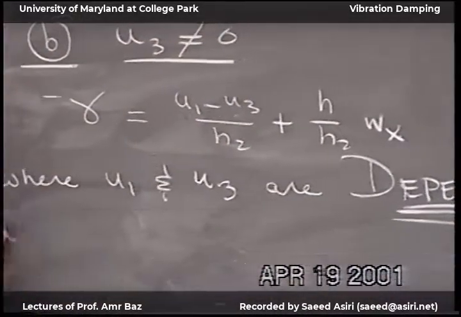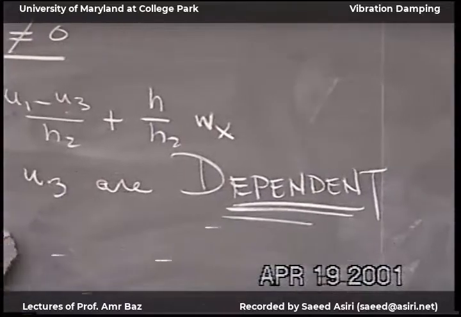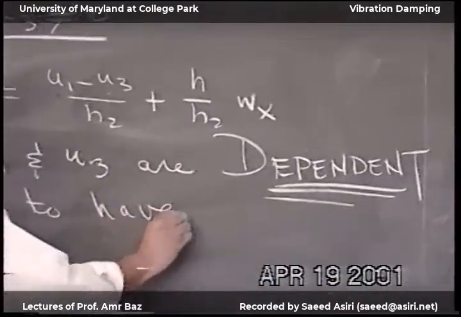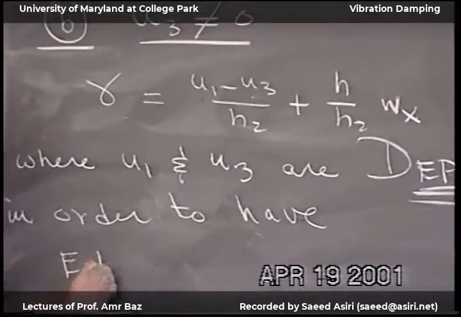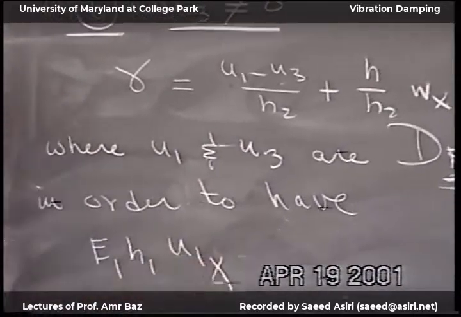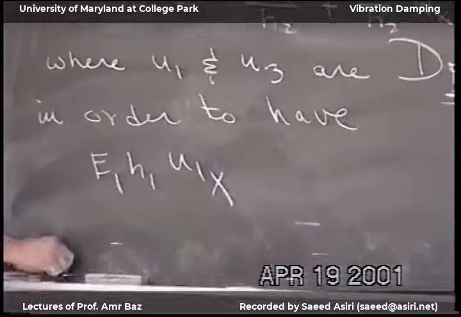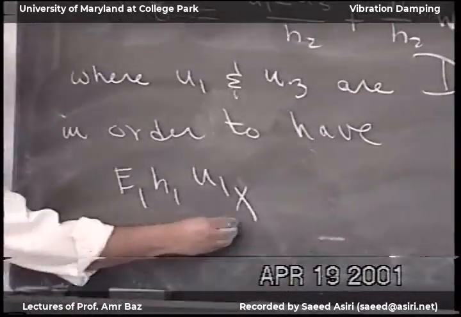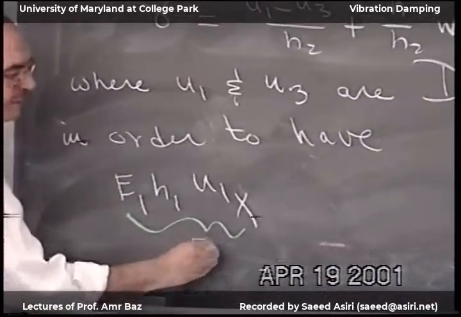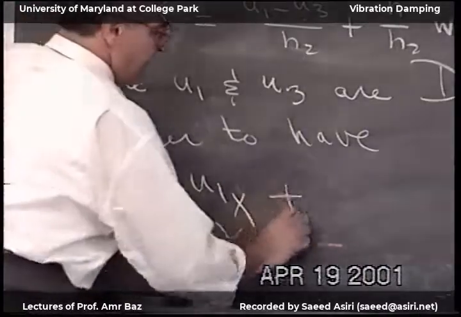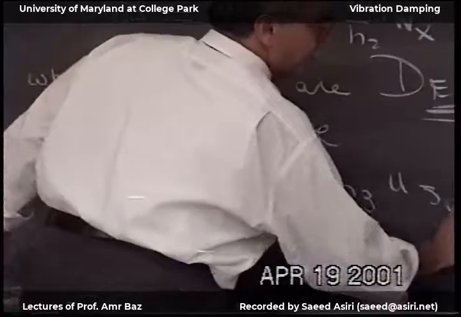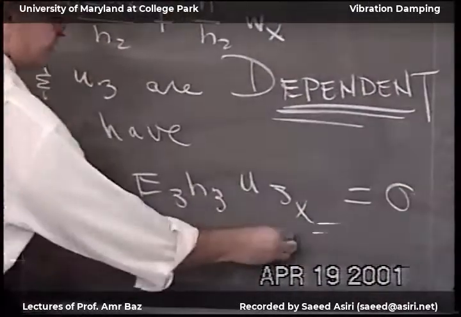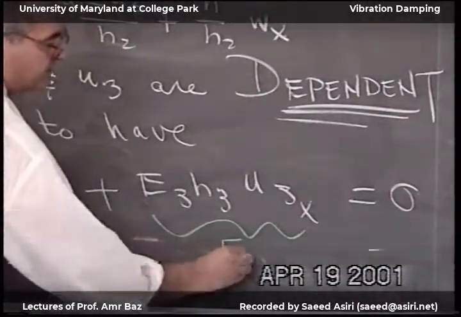In order to have E1, H1, U1x, which is the force 1, plus E3, H3, U3x is equal to 0, and this is F3.